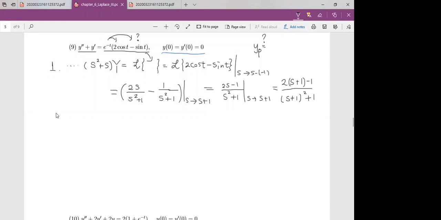So step 2 is to solve this equation for capital Y. Now that s squared plus s is s times s plus 1, you can use this factoring. If you divide everything by this product, capital Y is your right-hand side over s times s plus 1.